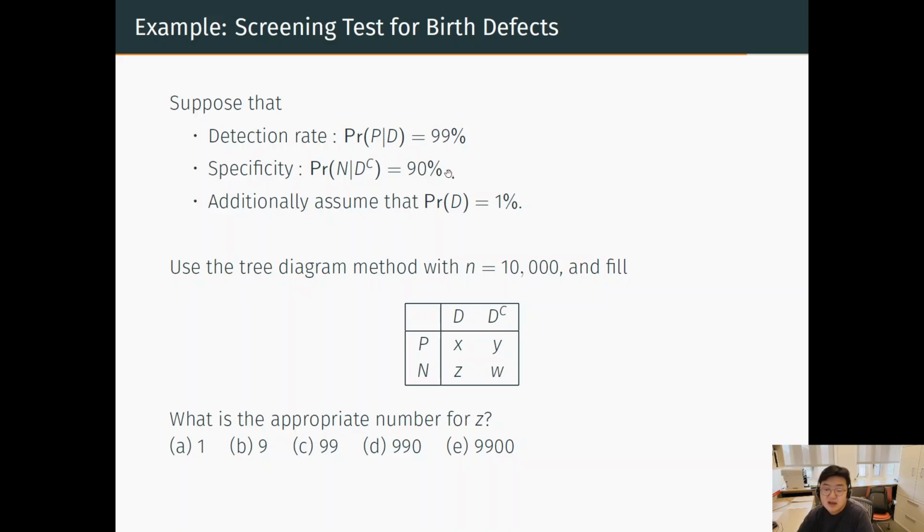So it looks like the screening test is really accurate, 99% and 90%. It sounds like, oh, 90% it will be sure, right? I will show you, actually not. Additionally, I will assume that the defect is only 1% common. Only 1% of babies have a birth defect like Down syndrome.